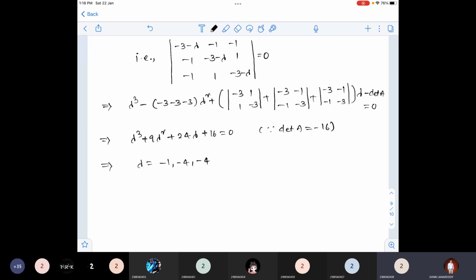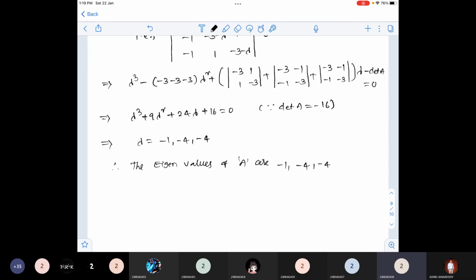Therefore, the eigenvalues of capital A are minus 1, minus 4, minus 4. What is the rank? 3.